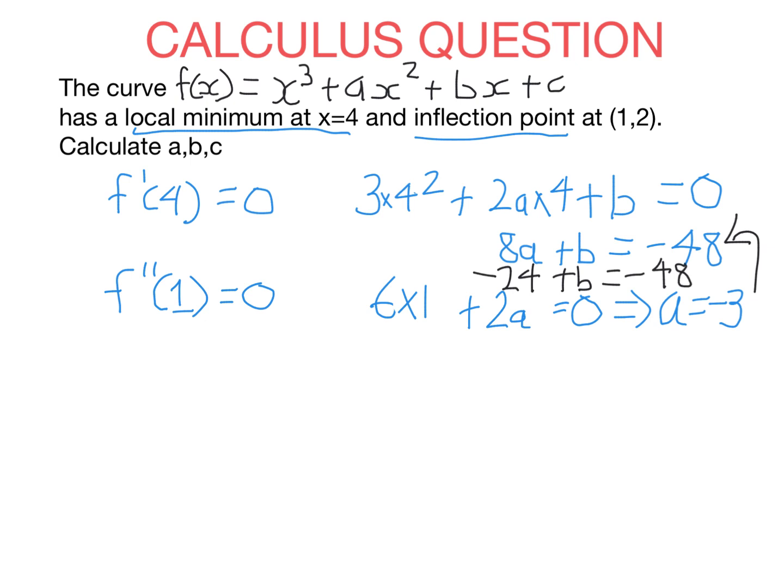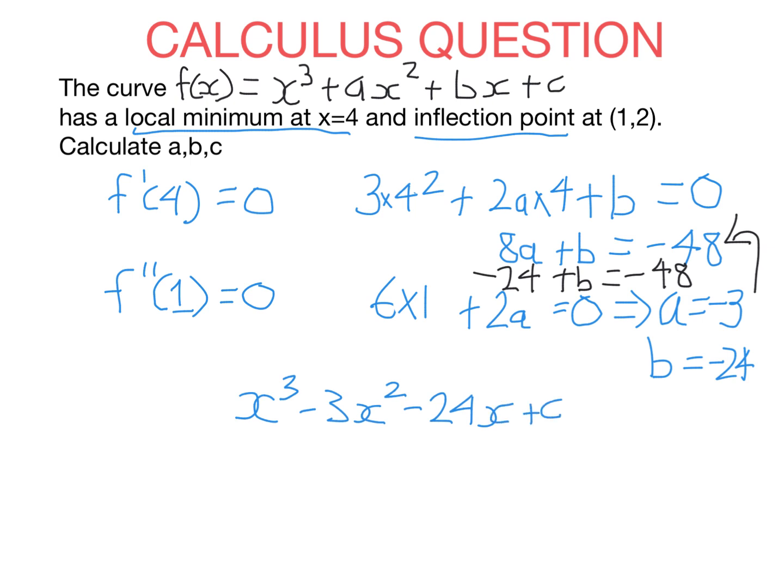So from that, I can just add 24 to both sides and get b is equal to negative 24. So what I've now found is that the equation of the curve is f(x) equals x cubed minus 3x squared minus 24x plus c.